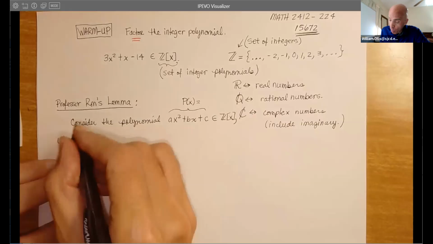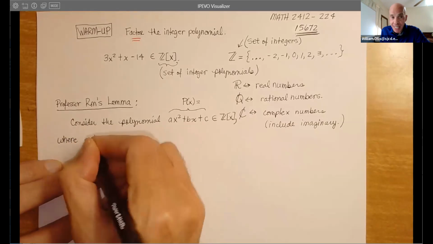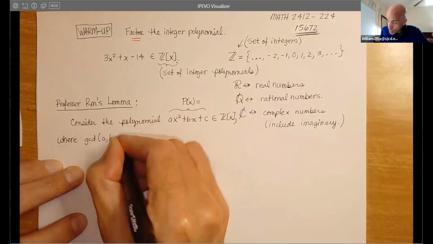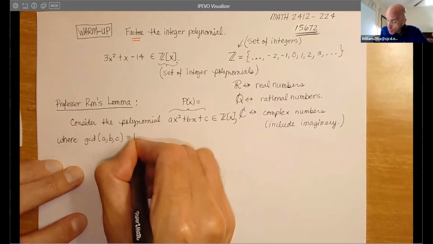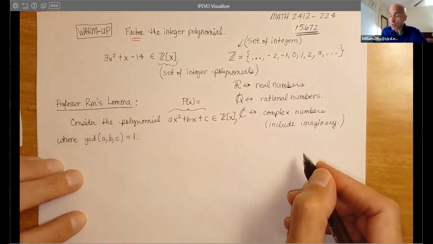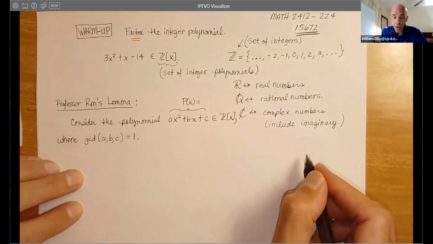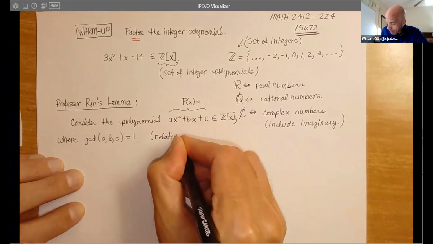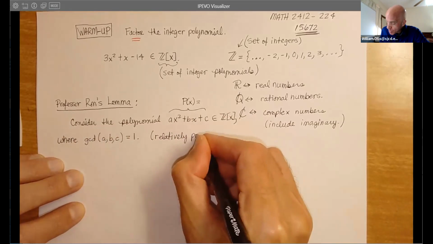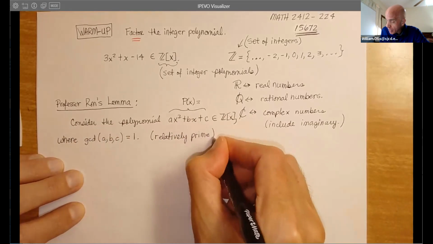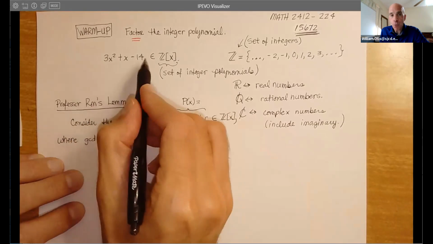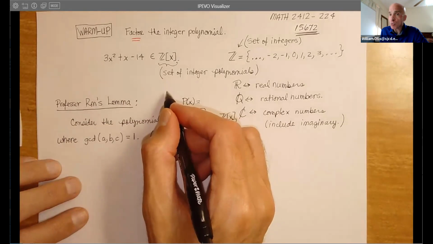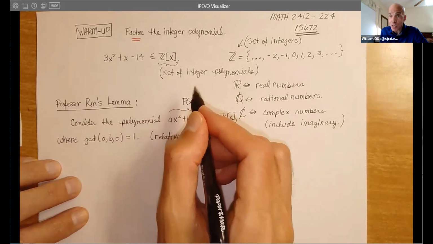So here's what we want. The greatest common divisor, GCD, of A, B, and C is 1. What that means is that the largest positive divisor of A, B, and C is 1. That means they're called relatively prime. For instance, when you look at our polynomial here, 3, 1, and negative 14, the only positive integer divisor that they have in common is 1.